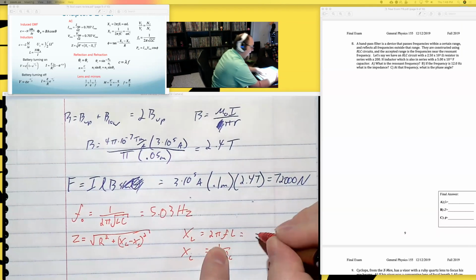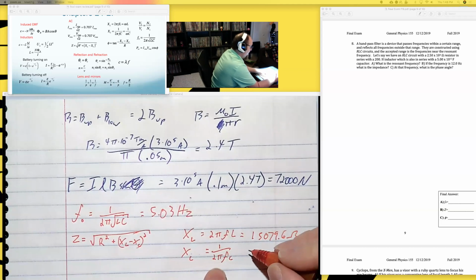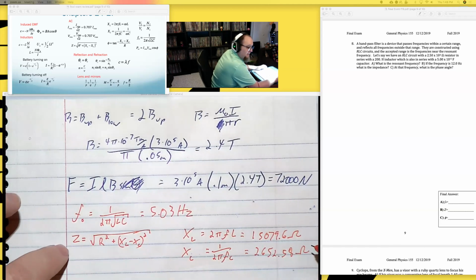I'll say 2 pi F L, so 2 pi times 12 times 200. And X of C is 1 divided by 2 pi times 12 times 5 times 10 to the negative 6. And I can plug those into here.